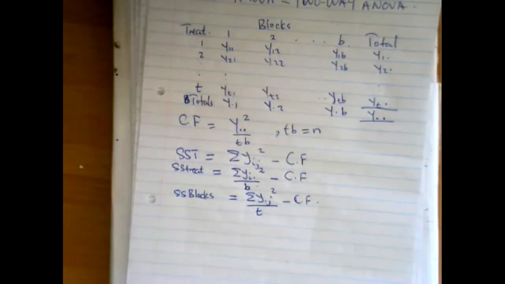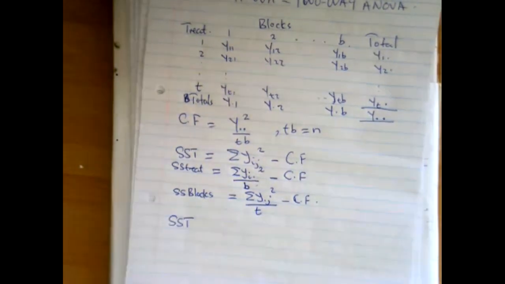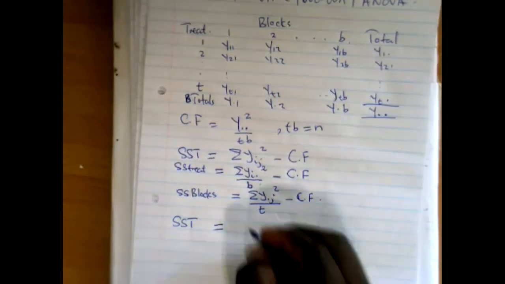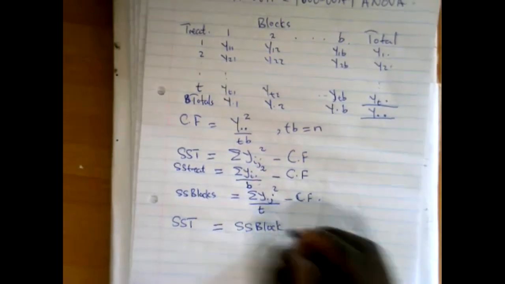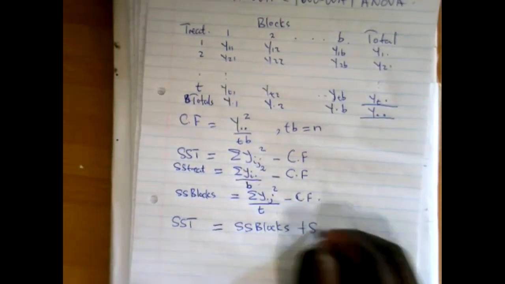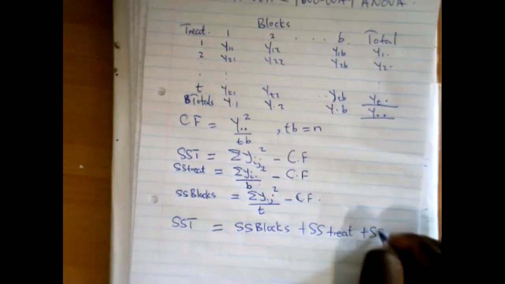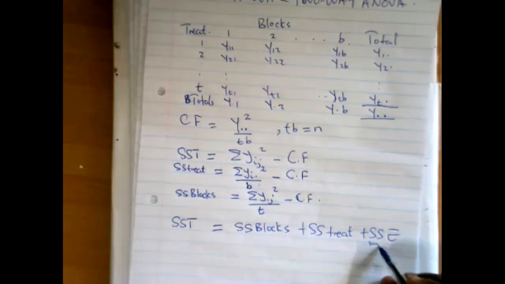So in short, the total sum of squares SST will be broken down into SS blocks plus SS treatment plus SS error. So there is unexplained variability.